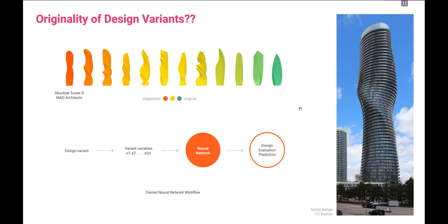Anyway, so what we did was we took up the design of this particular building called Absolute Tower, designed by MAD Architects. I think it's constructed in Canada. I can't quite recall the city. If I'm not wrong, it is in the outskirts of Toronto, but I could be wrong about the city.